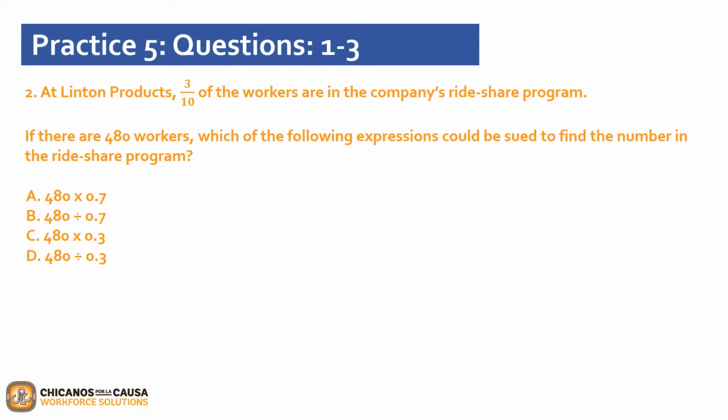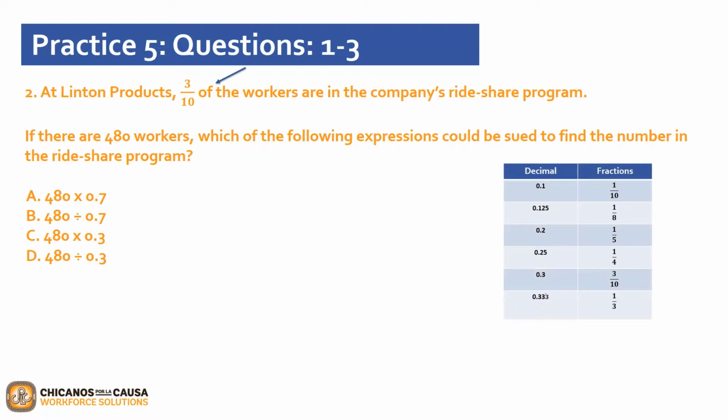Like before, we know that this is a multiplication problem because of the word "of." So like our previous example, we're going to use the equivalence table again to find our final answer. Luckily for us, we don't actually have to solve the problem, only select the proper way to set it up.